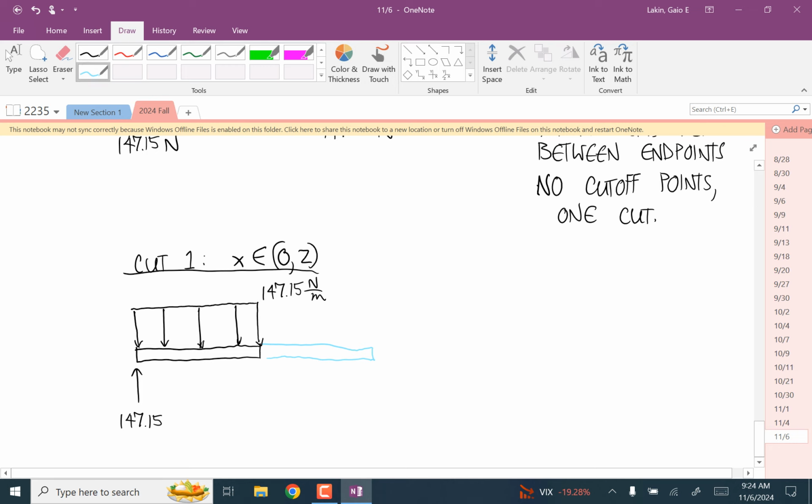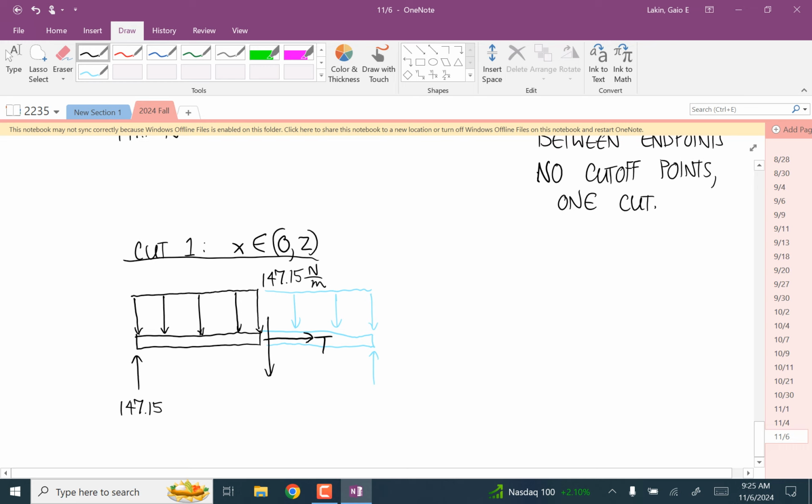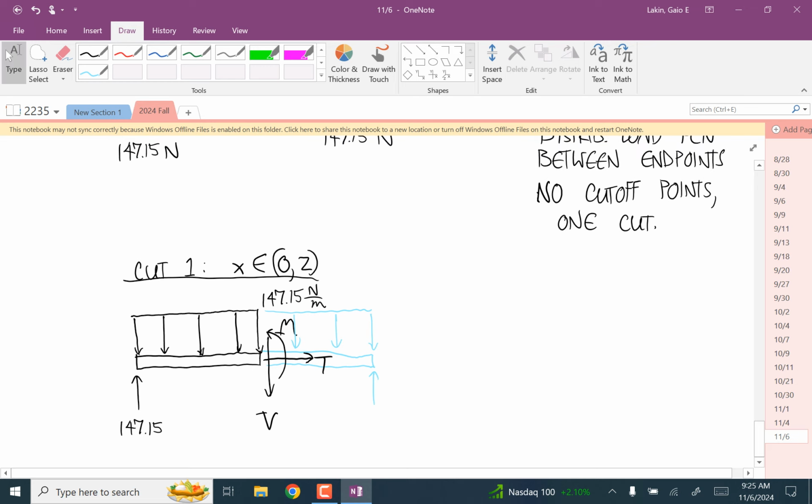And we're ignoring all of this and this upward force. Okay. And since we're not including this light blue part, we have the loads that the light blue part applies to our free body. So that's our free body diagram.